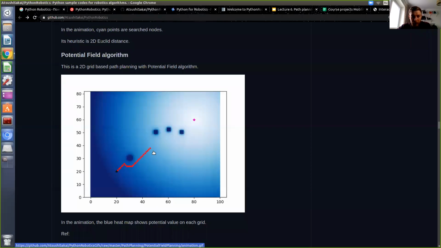There is potential field, so in colors there is a potential, and you can see that there is a small potential in light blue at the goal position, and bigger potential here because it's the direction against the desired direction. And you can see that obstacles impose a potential which is pushing away our path.